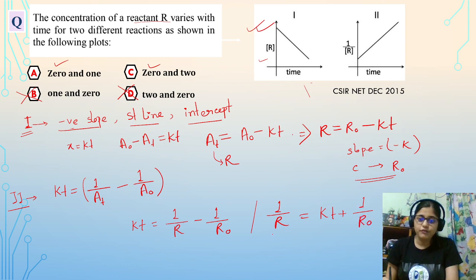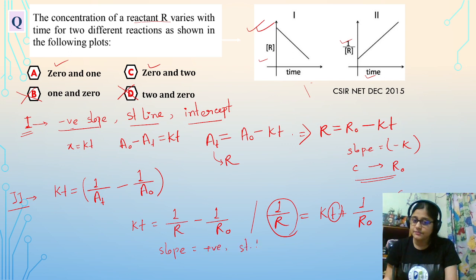So if we plot 1 by R versus T, this will be like y equal to mx plus c. If we compare, it has a positive slope, a straight line, and the intercept value is 1 by R0.